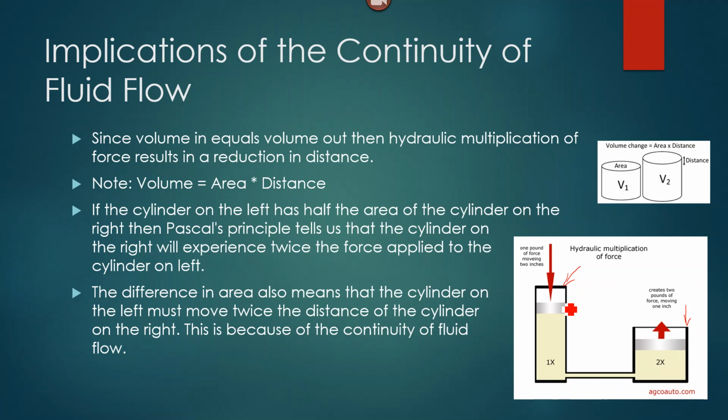If the area is half, then if piston 1 moves 2 inches, piston 2 is going to move 1 inch. Now this is area, not diameter, because area and diameter are different, right?